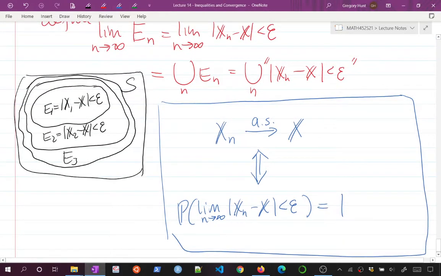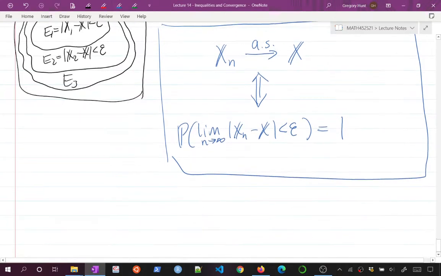So saying that something converges almost surely to x is saying that this nested set of events eventually subsumes a large enough portion of the sample space that the probability we're in this ever-growing nested collection of sets eventually subsumes the whole space. So this thing grows enough.